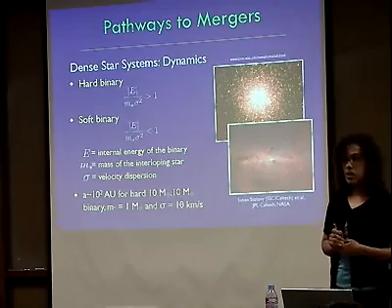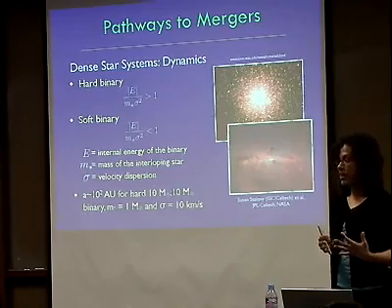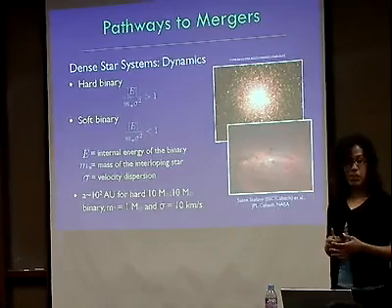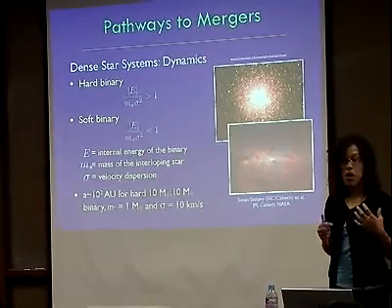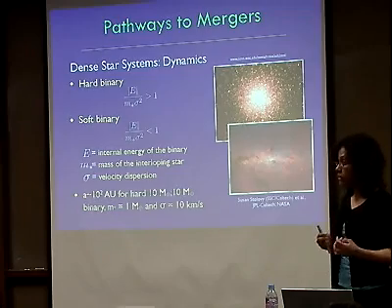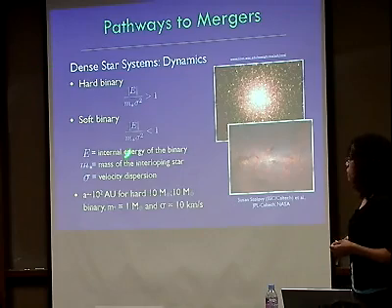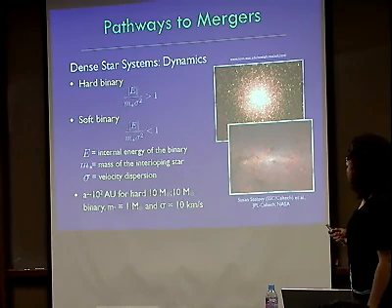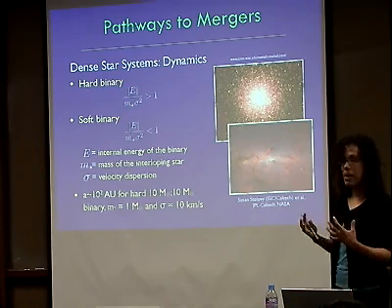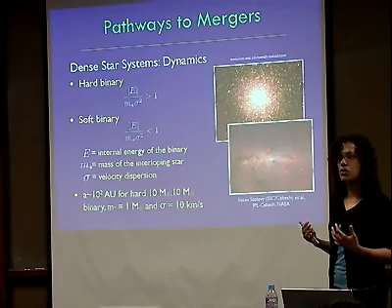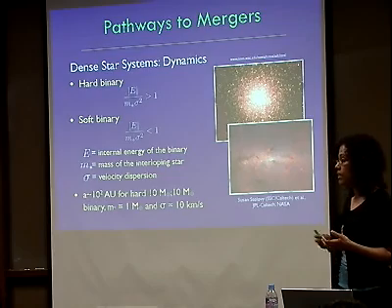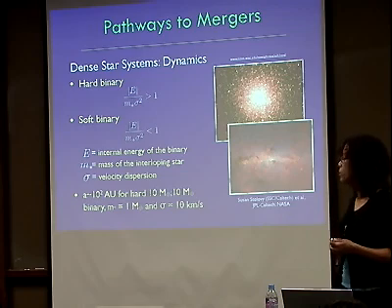In particular, if you're interested in figuring out what happens to binaries in dense star systems, one of the most important determining characteristics of that binary is going to be whether it's hard or soft. A hard binary is one for which the internal energy, the binding energy of the binary, is larger than the kinetic energy of the surroundings, so the stars that it's going to interact with.